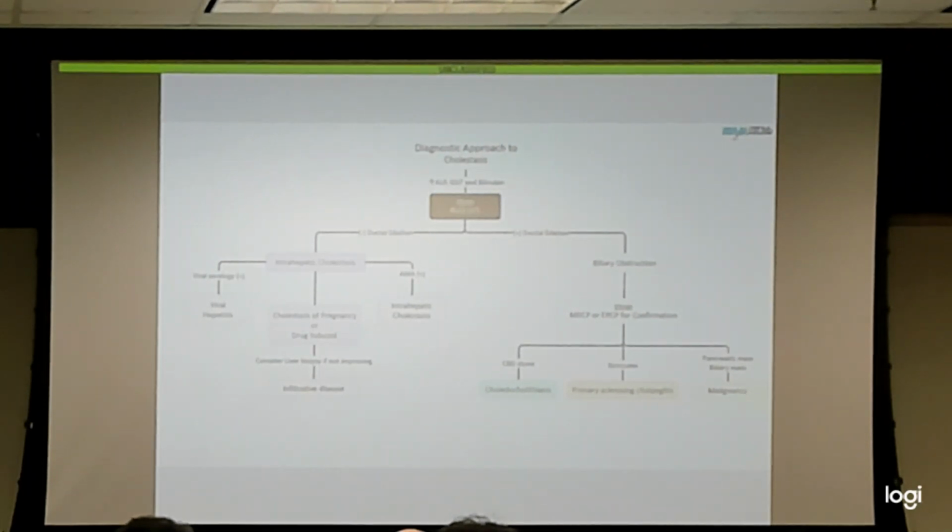And so I'm going to get my viral serologies for all the hepatitides and all the other things. I might have an autoimmune hepatitis, so I'm going to get my ANA and my anti-smooth muscle antibody. And then cholestasis in pregnancy: elevations in estrogen from OCPs or pregnancy can also cause some cholestasis. So, are you pregnant? Yes? Well, that might be what the cause is, right?